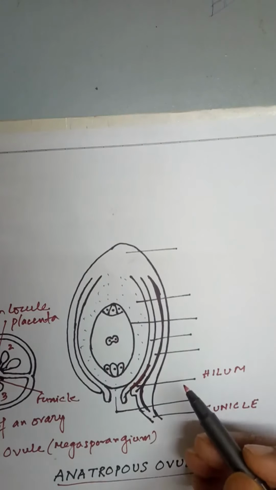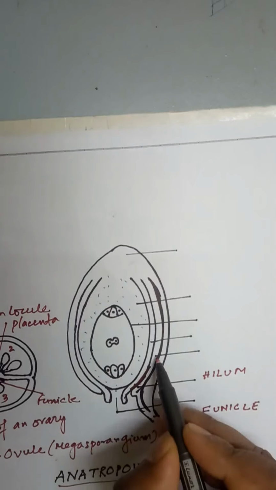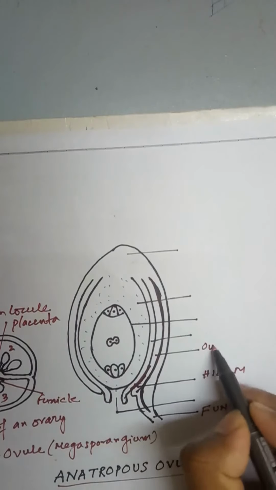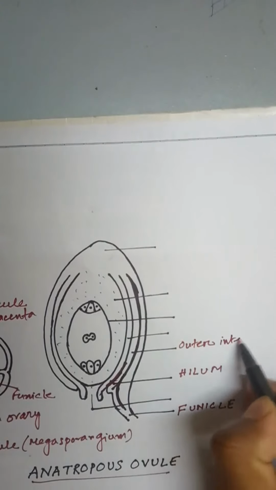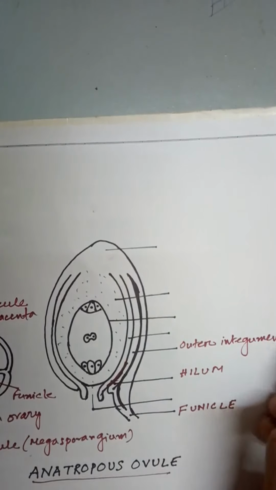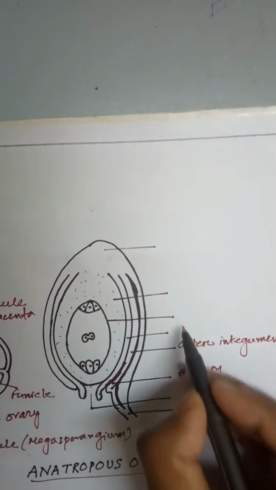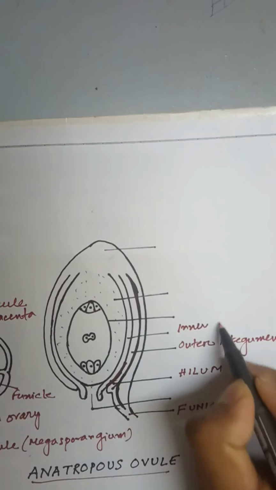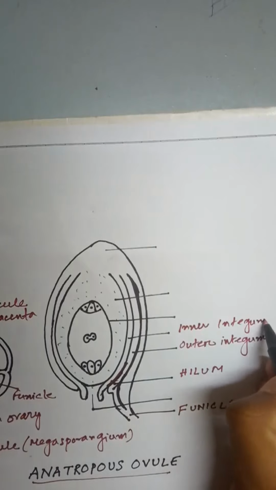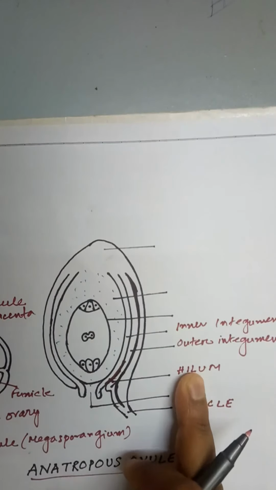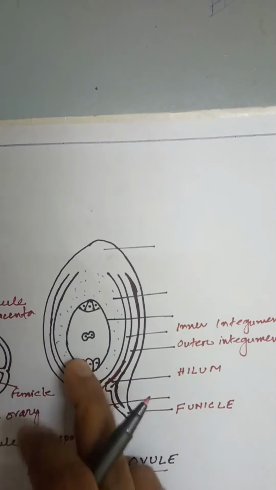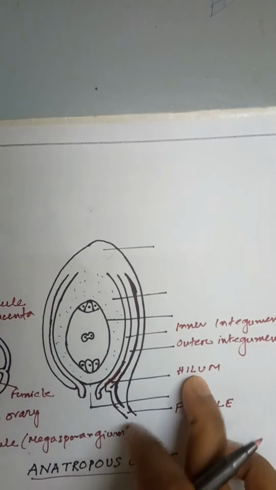We label the one present on the outer side as the outer integument, and the one on the inner side as the inner integument. These integuments later give rise to the seed coat. This ovule later forms the seed, and these integuments form the seed coat.